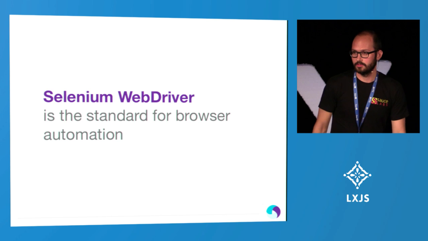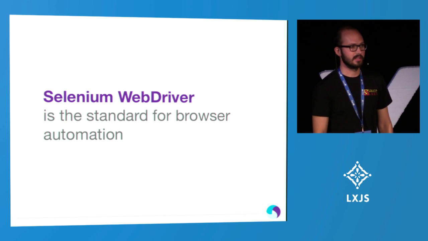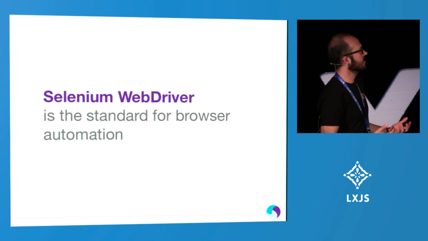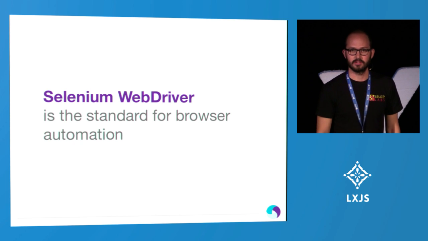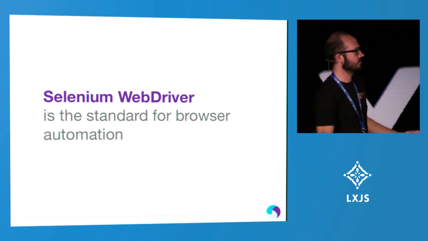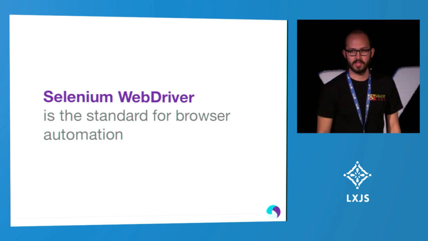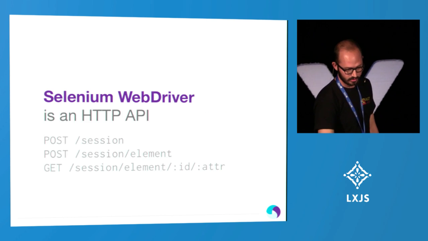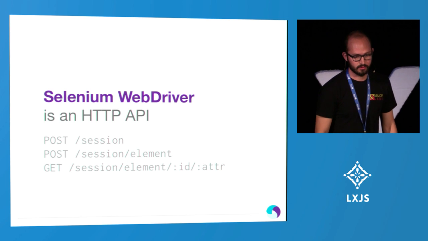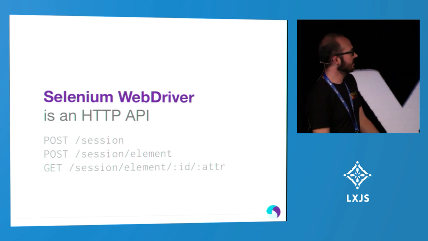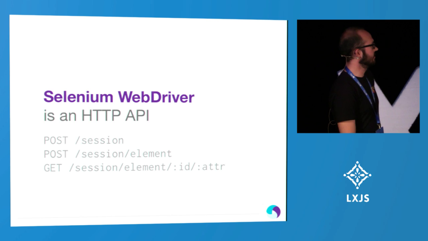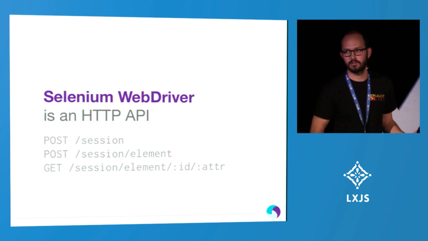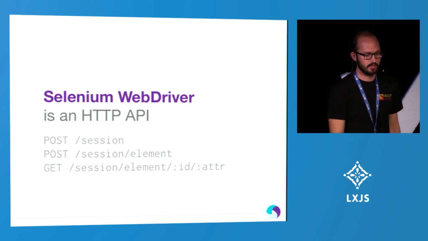If you're not familiar with WebDriver, it used to be called Selenium, and it's an already existing standard for browser automation that is, by and large, the most popular way to automate your web apps on a functional level. So it turns out that WebDriver is basically a specification, an HTTP spec, that defines certain endpoints that you call to in order to affect the particular automation behaviors that you're interested in.